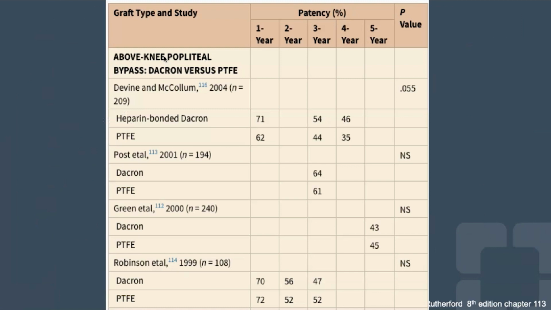Looking at this chart from Rutherford, you can see the above knee popliteal Dacron versus PTFE. This is not looking at vein, it's just looking at different prosthetic types, and there's no significant difference between any of the prosthetic types used. So I think your preference is your preference, and you're going to have very similar outcomes.